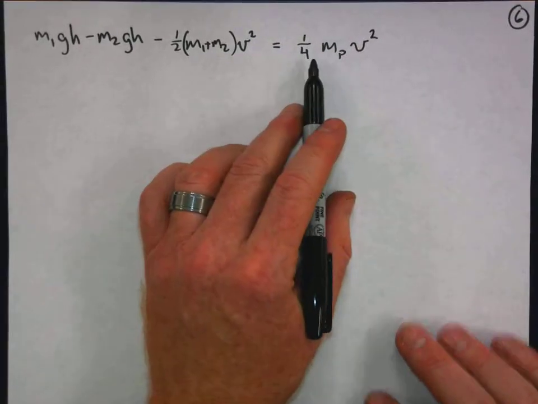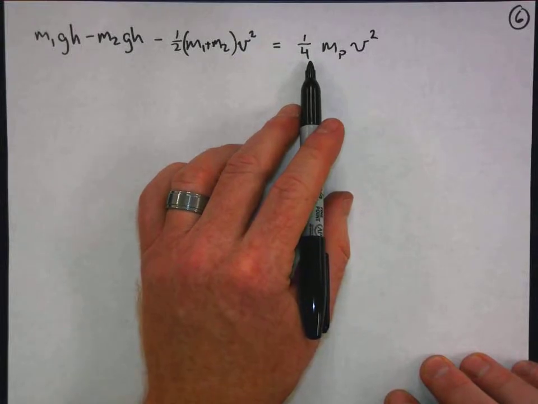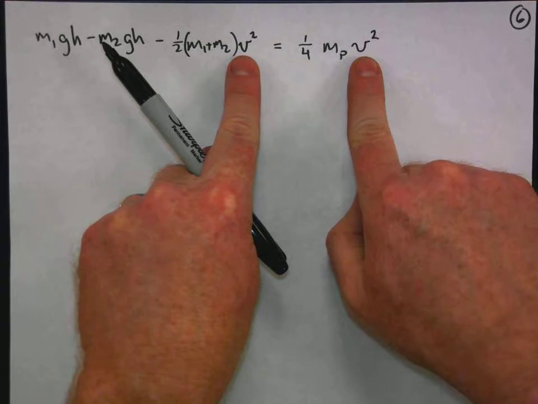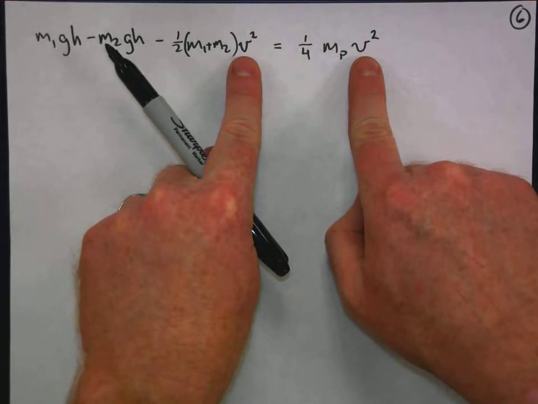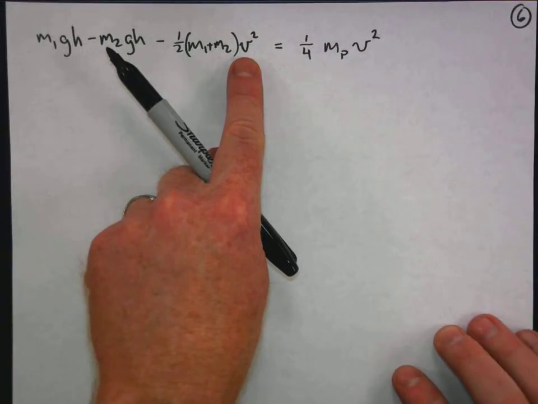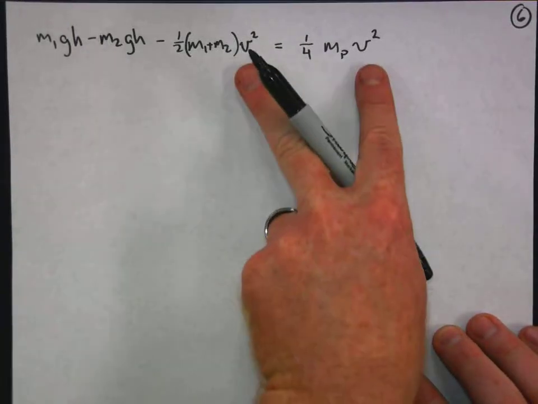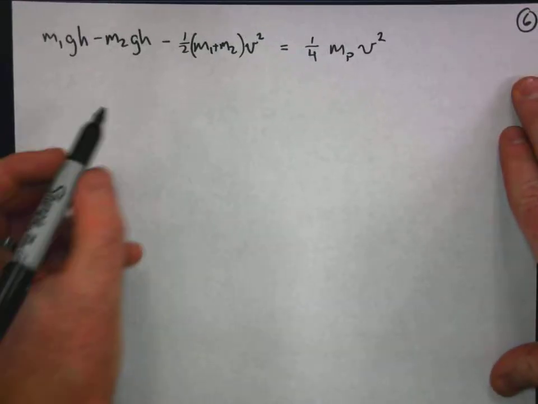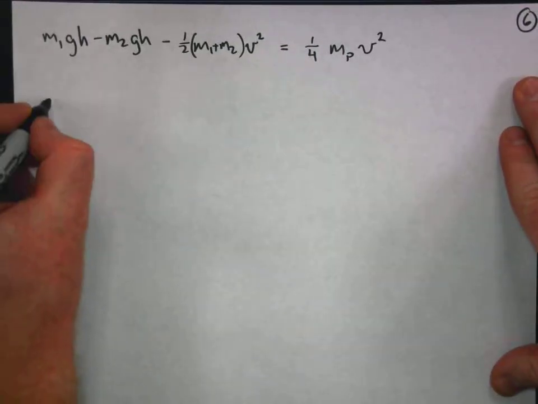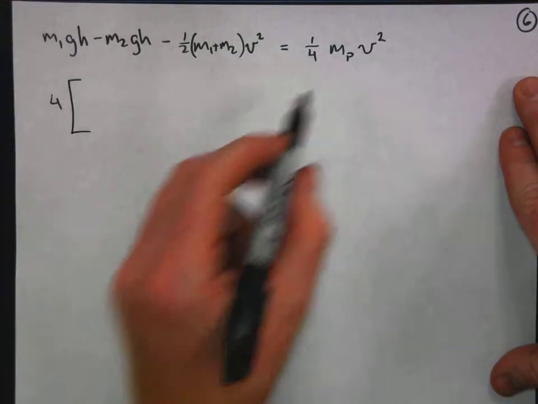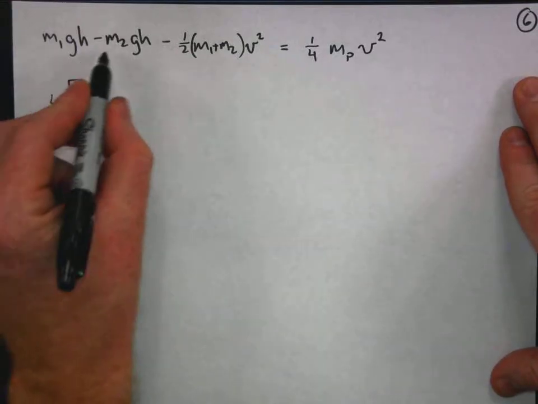I'm going to multiply both sides by 4, and I'm going to divide both sides by v squared. By the way, it is the same velocity in each of these locations, but it's not going to be advantageous to try to cancel it out. If you try to cancel that, it'll creep up over here. So let's not bother. Multiply both sides by 4, and then dividing both sides by v squared. I can simplify this as well.